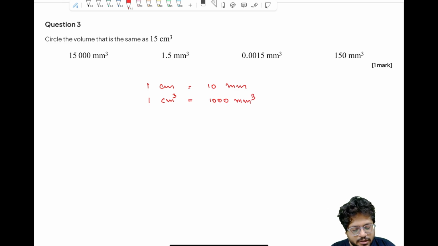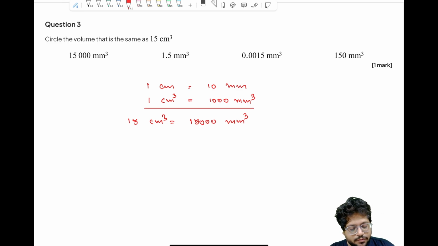So 15 centimeter cube will be 15,000 mm cube. If you convert any centimeter cube to mm cube, you have to multiply it by 1000. So the answer must be 15,000. Clear?